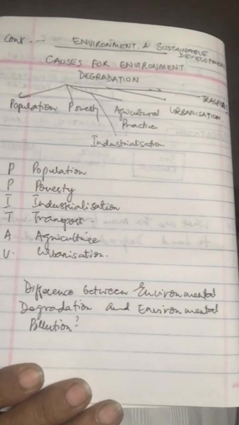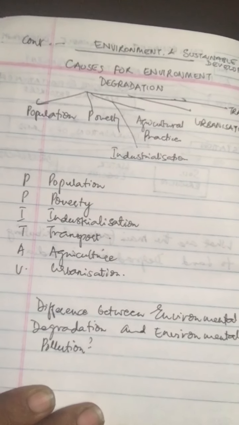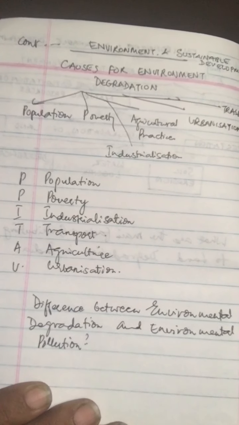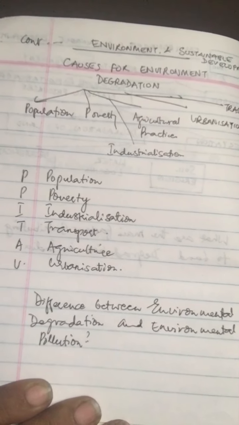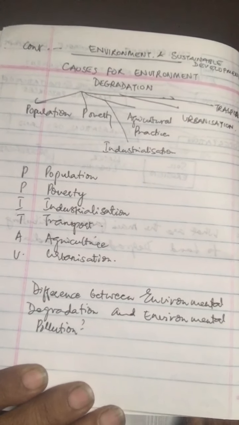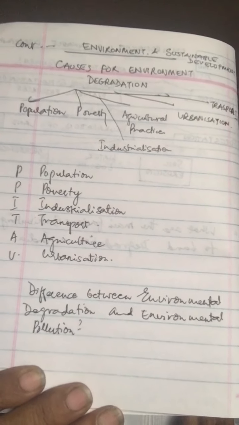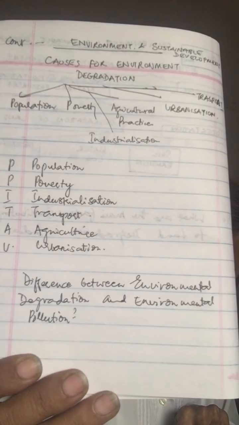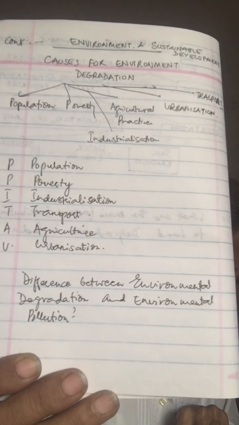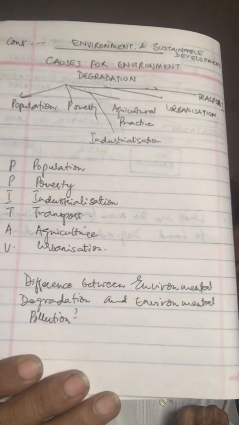Then let's take transport. PITAU, I said, no? So let's take transportation. When you're talking about transport vehicles, the roads, it just doesn't take them time to get jammed up. So much traffic on the road. So multiplicity of transport vehicles has really increased noise as well as air pollution, which is deadly.